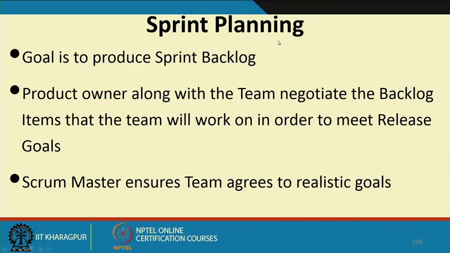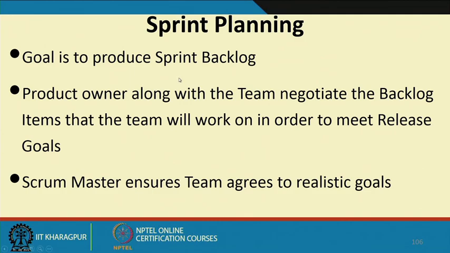The sprint planning meeting is undertaken just before a sprint starts. The main objective of this meeting is to produce the sprint backlog. Here the product backlog is examined, and it is typically organized in a prioritized manner.